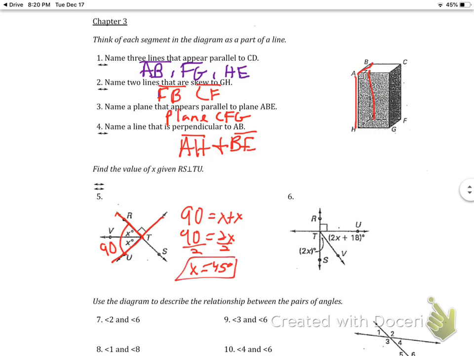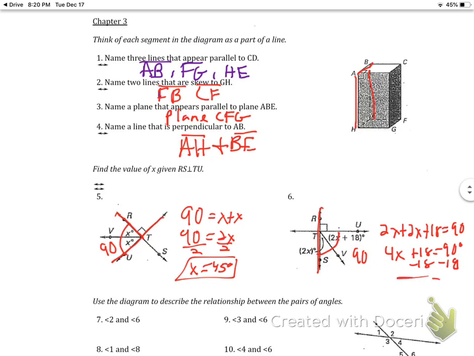Once again, we have to use that same fact, so we know that since this is a straight angle, this is 90 degrees. The other one has to be 90 degrees. So we have 2x plus 18 equals 90. So we now end up with 4x plus 18 equals 90 degrees. Subtract over 18.